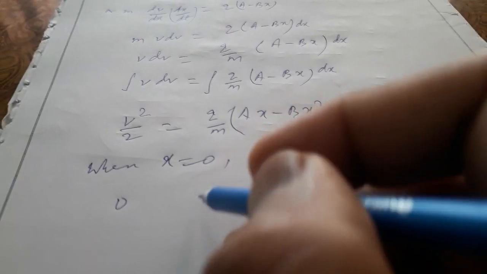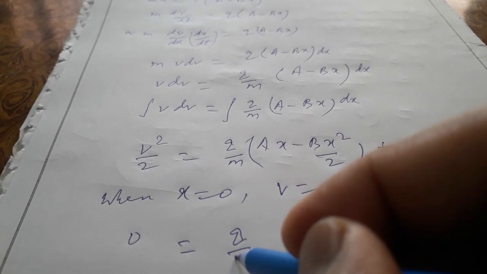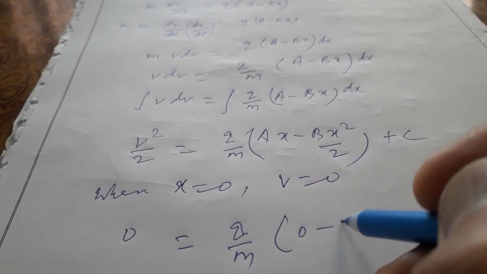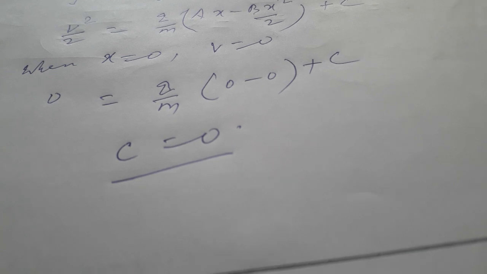So from the above equation, 0 equal to Q by m into 0 minus 0, plus C, or C equal to 0. Clear to you?